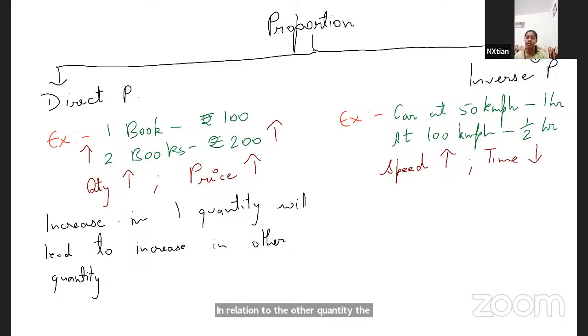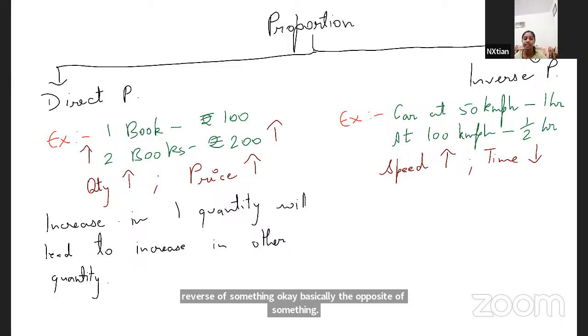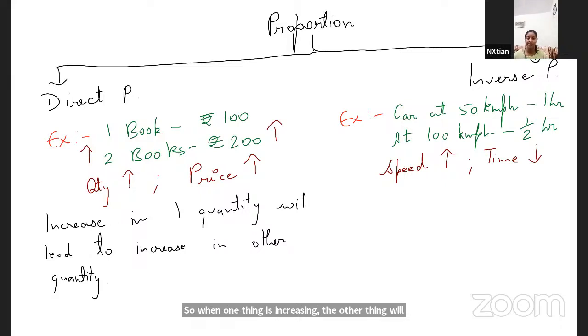Inverse means the reverse of something, basically the opposite. So when one thing is increasing, the other will decrease. When one thing is decreasing, the other will increase. This is known as inverse proportion.